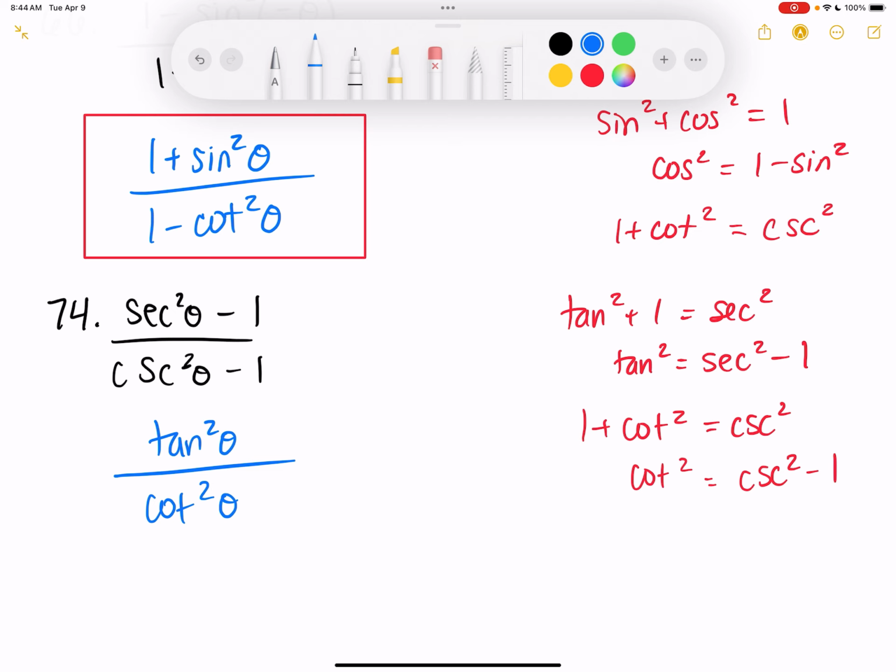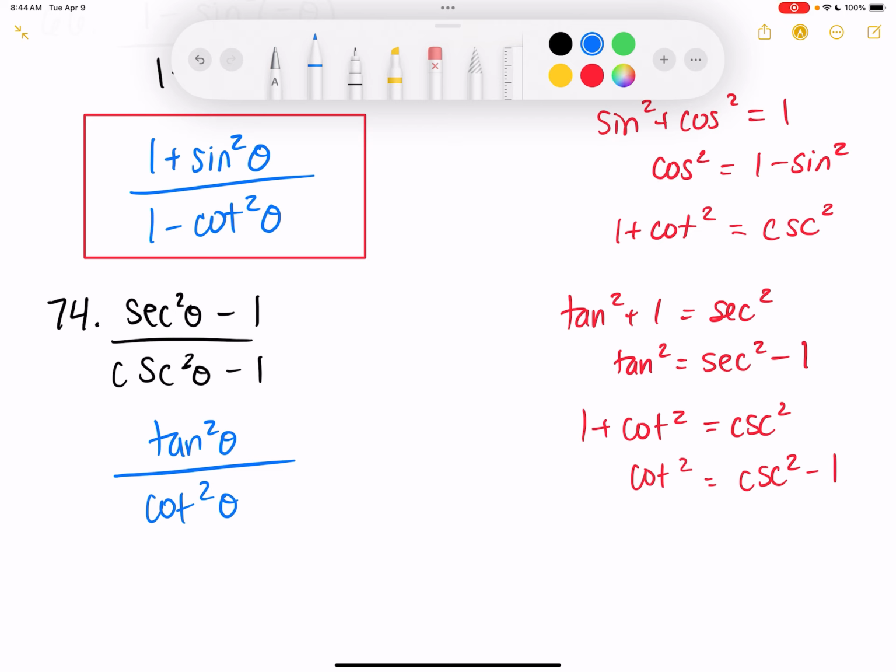So now, there's a couple different ways I could do this. How can I either rewrite cotangent in terms of tangent, or how could I rewrite tangent and cotangent? It'll probably be easier for you to see if we do it in terms of, how can I rewrite tangent? Let's do it that way. It'll be easier.